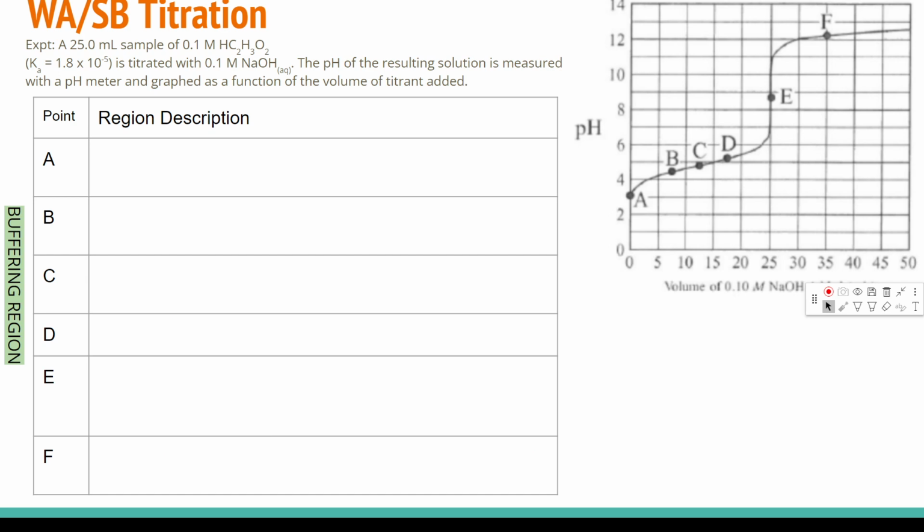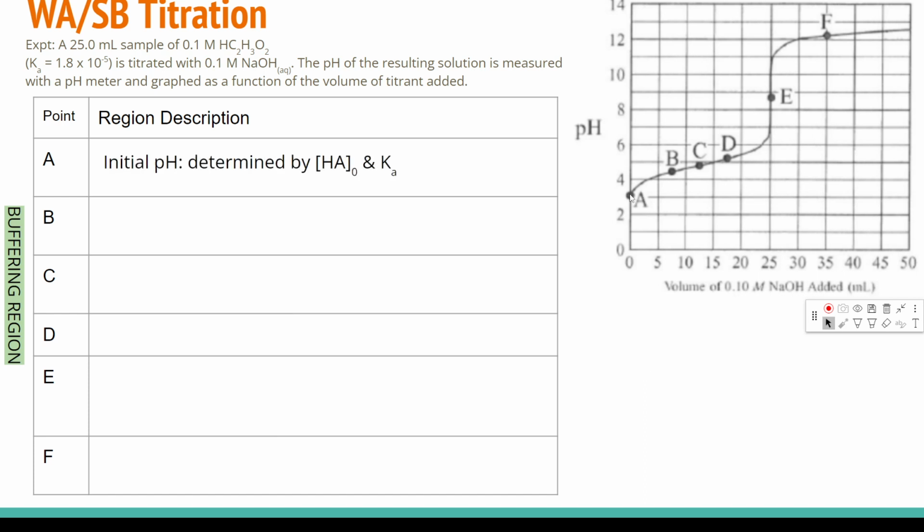Okay, so let's talk about this graph and what each of these points mean. So we still have the four main regions just like last time. So we have A, we have BCD will be considered one region, and then E, and then F. So those are still the four main ones. I'm going to be clumping BCD together, but talking about each of those points in a second.